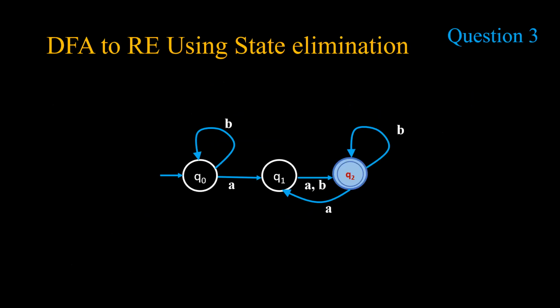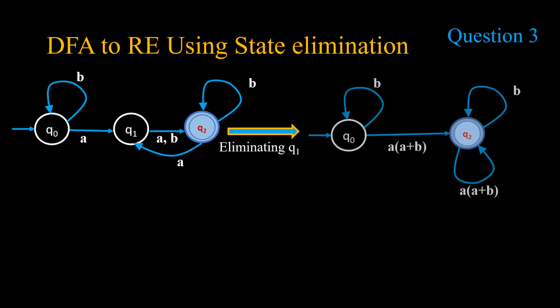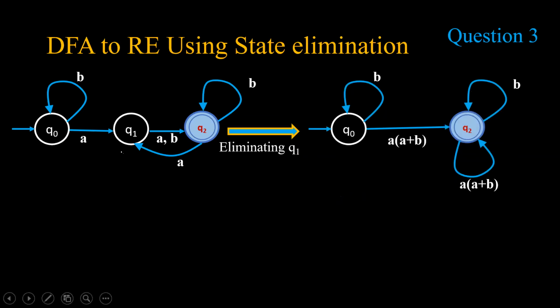Come to next question. In this we have three states, but in this case we have a loop from Q2 to Q1 on A or B. Now, when we want to eliminate the state Q1, we will have two outputs. One is A or B, and another will be a loop from Q2 to Q1 of A or B. So we have these two inputs in the loop, and these will be combined together by an OR operation.